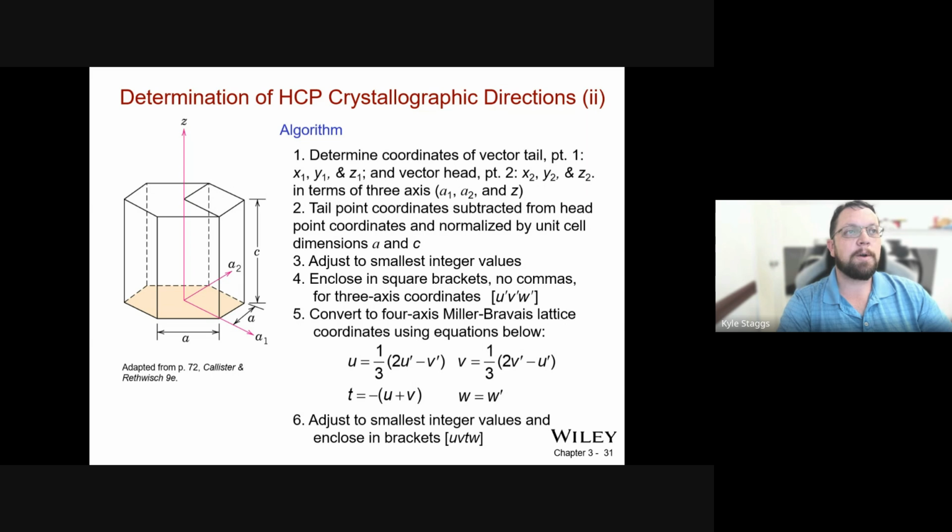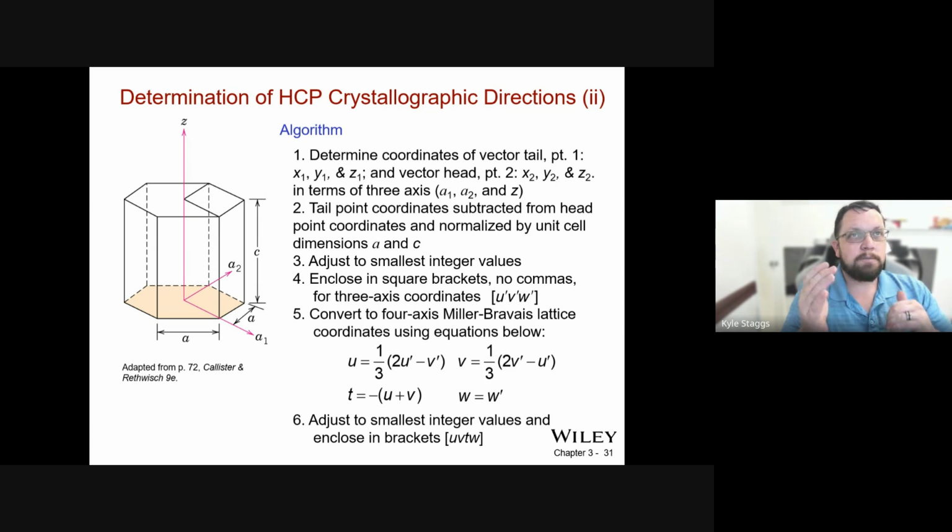So when we're going the other direction and we're trying to figure out what they are, we're trying to understand the crystallographic directions. You take the tail coordinates x1, y1, z1, and the head coordinates x2, y2, z2 in terms of the 3 axes. So it'll be a1, a2, and z.